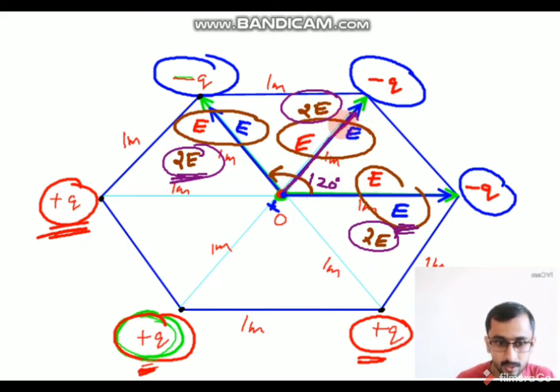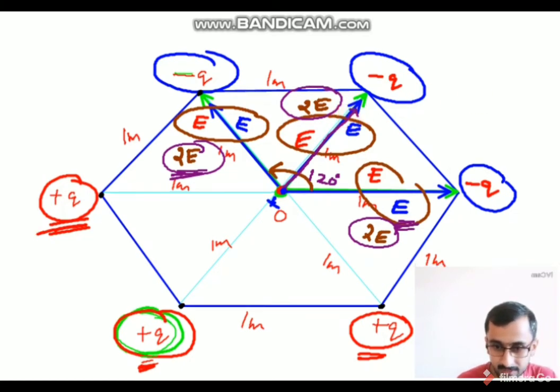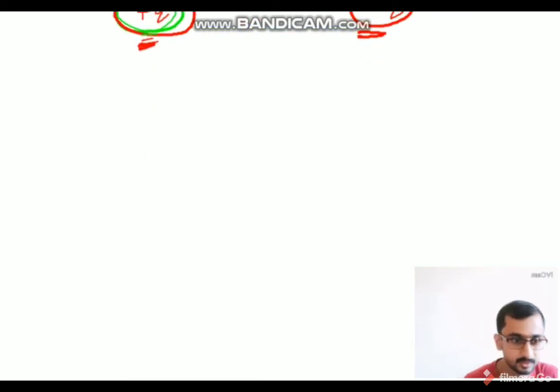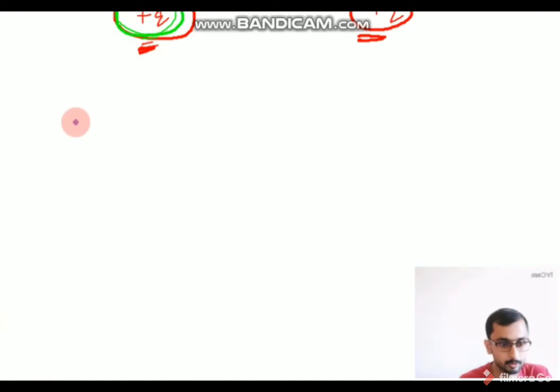Therefore, what is the net electric field at this particular point? That can be written as the net electric field, E net, or just the magnitude we require, right? So E net is equal to the root of E1 square plus E2 square plus 2 E1 E2 cos theta.